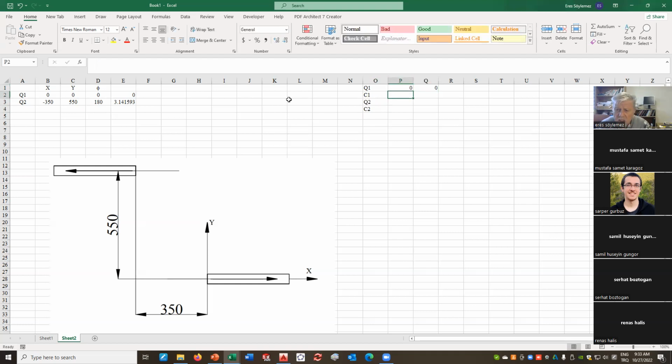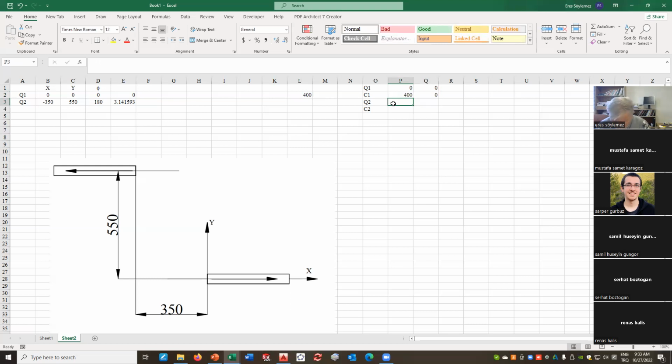C1, if that is 300, 550, I will take 400 for the length, is equal to 400, 0.